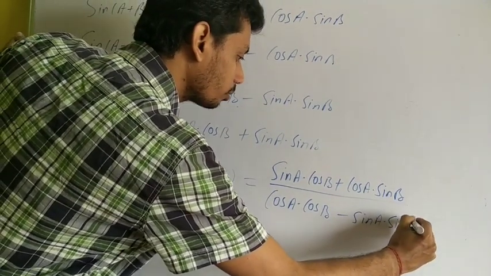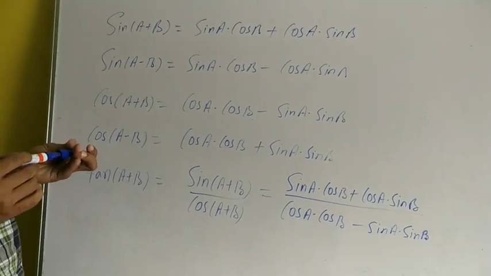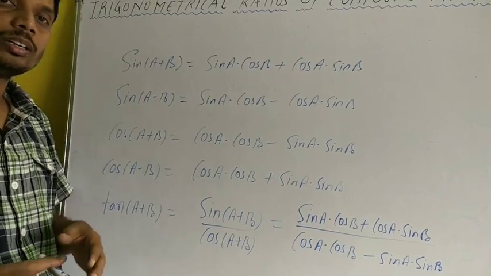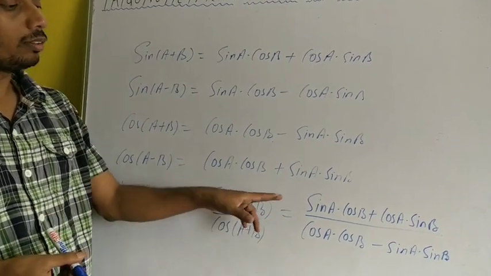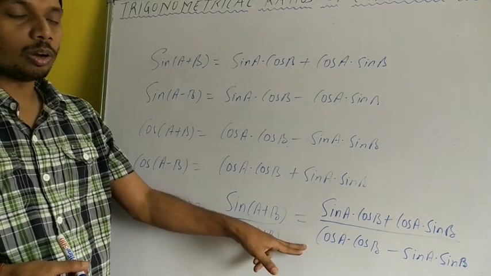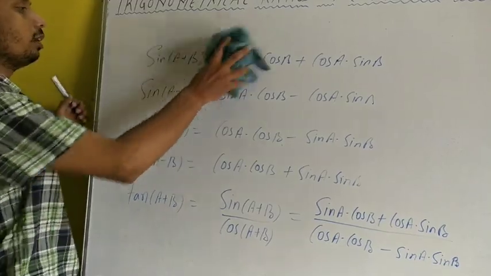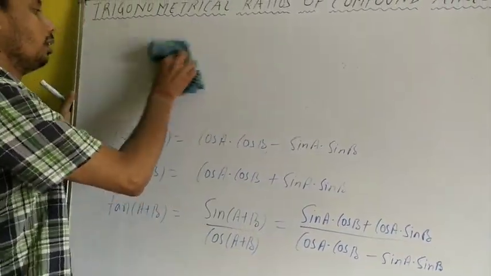If the same operation is conducted on numerator as well as denominator, it will not alter the nature of the fraction. So let us divide numerator as well as denominator by cos a cos b.